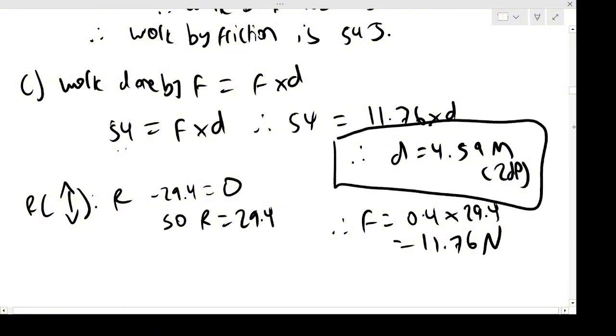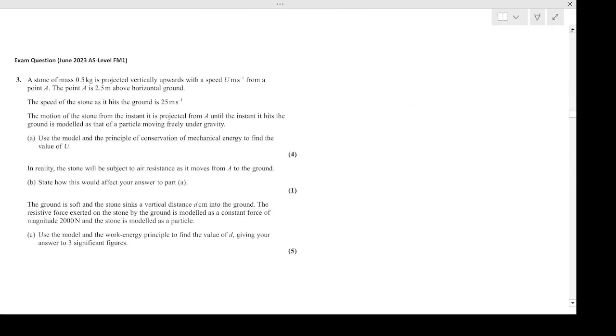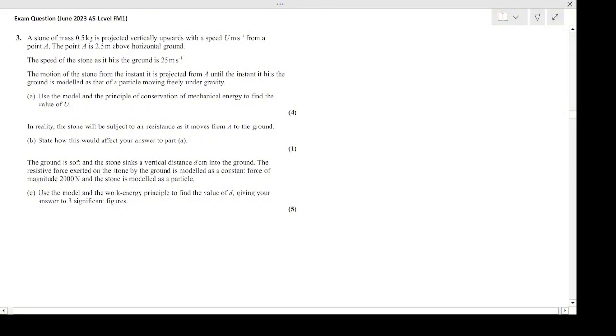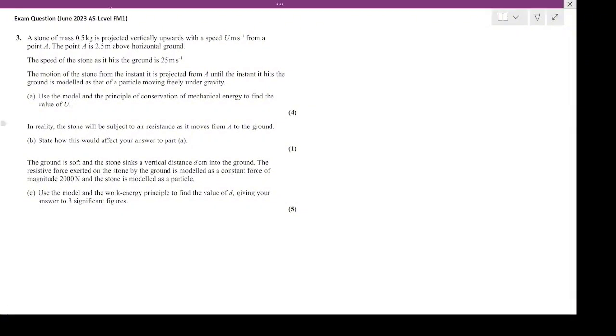Okay. Cool. So we're going to look at an exam question before we look at the last part. Here we're told a stone of mass 0.5 kilograms is projected vertically upwards with speed u from a point A. The point A is 2.5 meters above horizontal ground. Speed of the stone as it hits the ground is 25 meters per second, and so on.